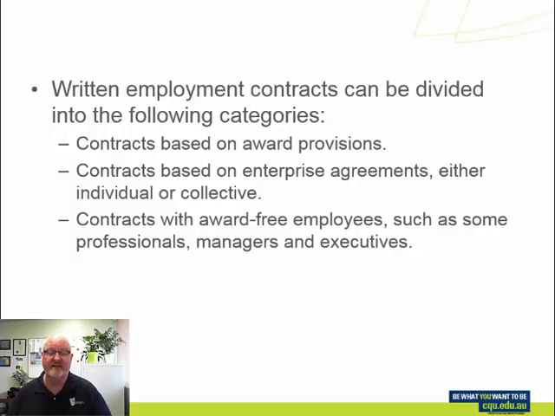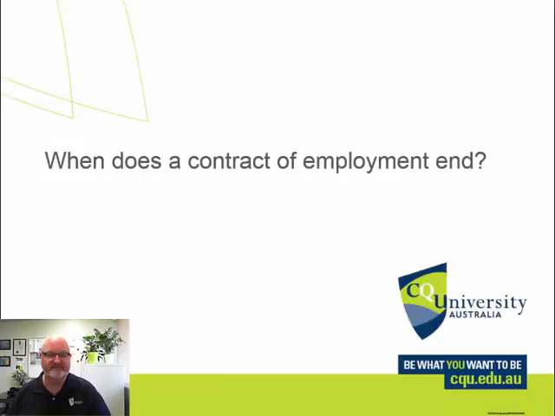It becomes a contract. Contracts based on enterprise agreements: you can refer to the enterprise agreement in the contract for employment, so basically the provisions of the EBA apply. Contracts with award-free employees, so some professionals, managers and executives, there is no award for a CEO, so you'll have a contract in those cases.